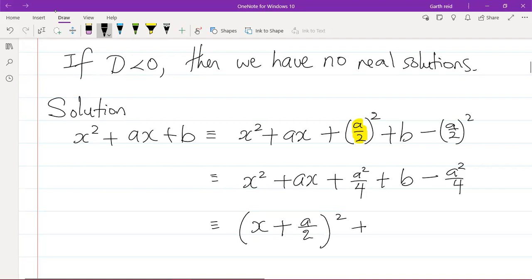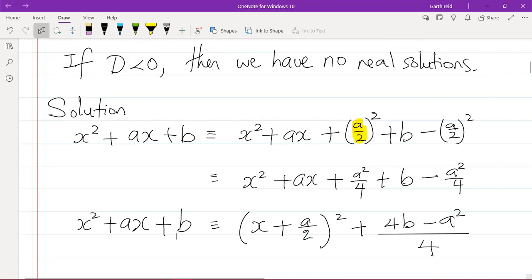So when I add those two together, I will get 4b minus a squared over 4. All right. Great. And that is the completed square form or the vertex form of the quadratic x squared plus ax plus b.